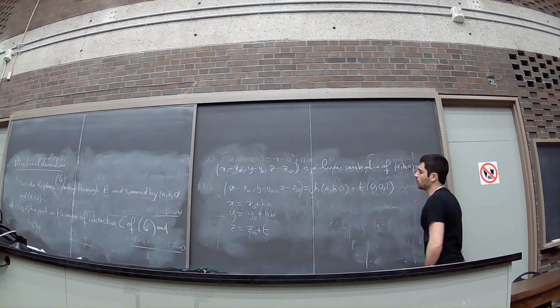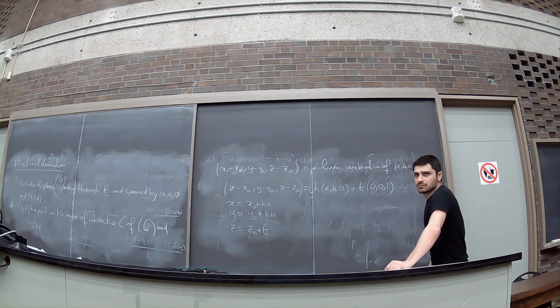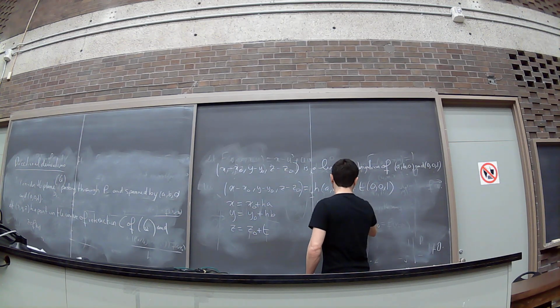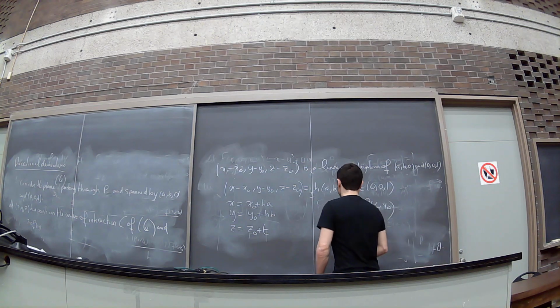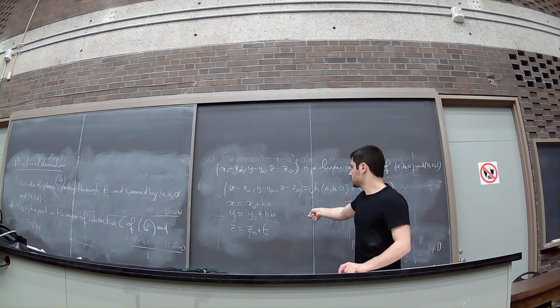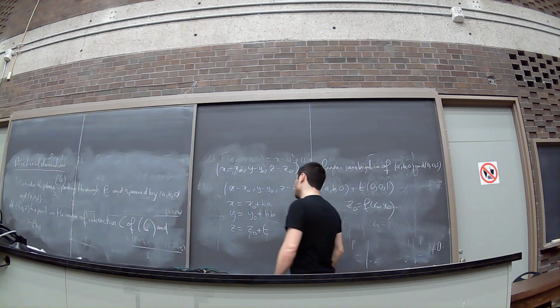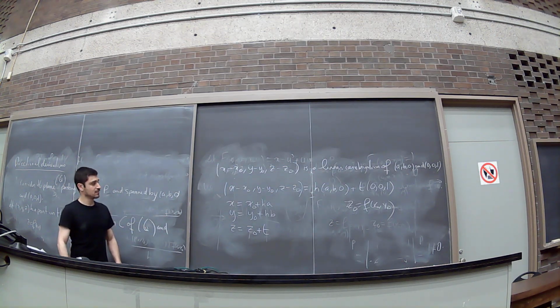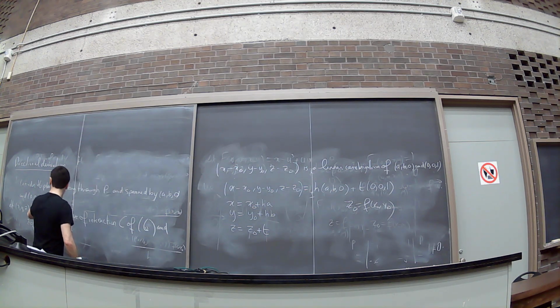Okay. Well, now, what is z0 really? z0 is f(x0, y0), right? You agree? By definition, we wrote this here. Now, what do I have to do? What is the rate of change of f between P and Q?